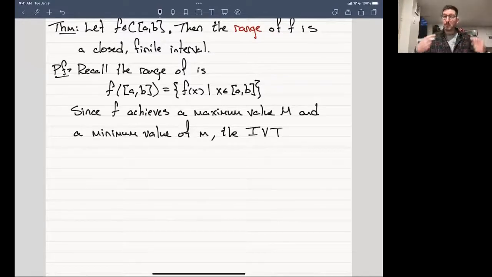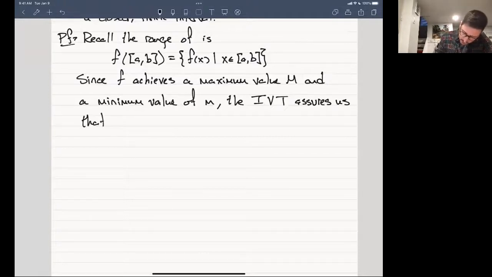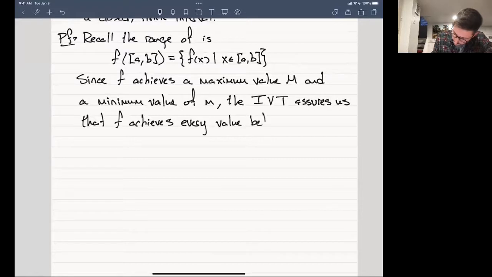Here now we're wrapping it up with the intermediate value theorem. This thing assures us that f achieves every value between little m and capital M.